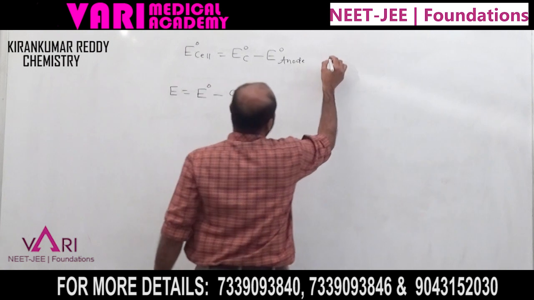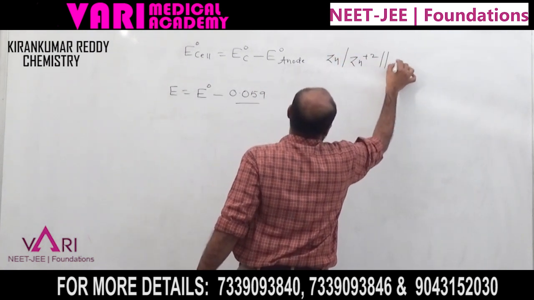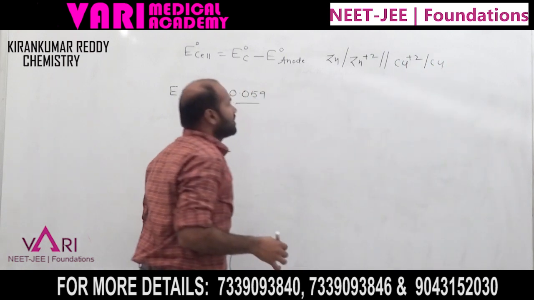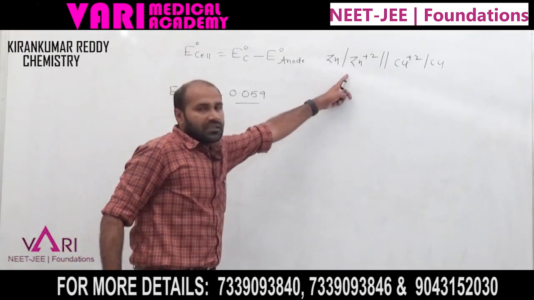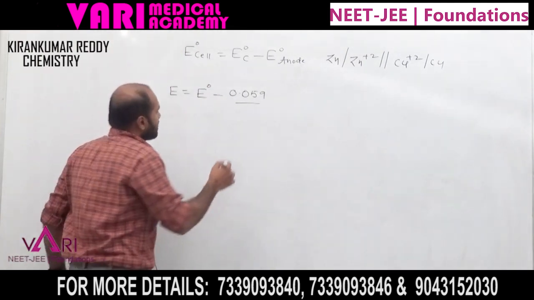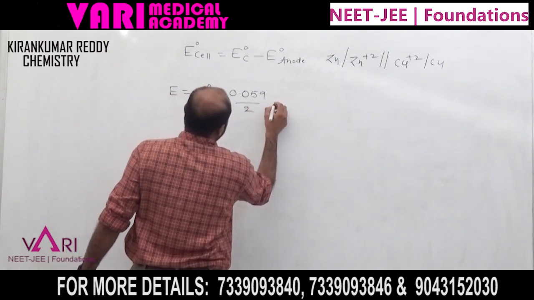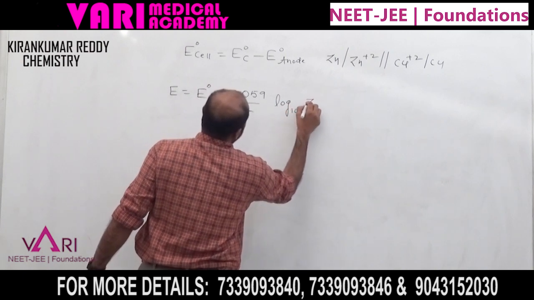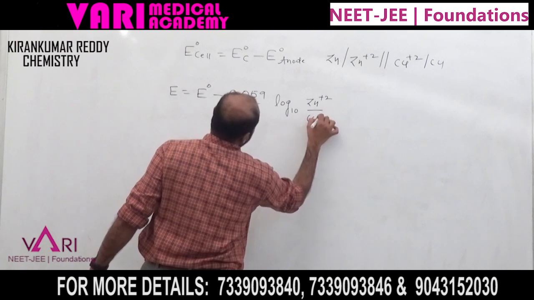For example, for the galvanic cell we write Zn, Zn plus 2, salt bridge, copper plus 2, copper. For this one we can apply the Nernst equation. How many electrons are transferred? 2 electrons are transferred, so n is equal to 2. We can write log base 10 of Zn plus 2 concentration by copper plus 2 concentration.